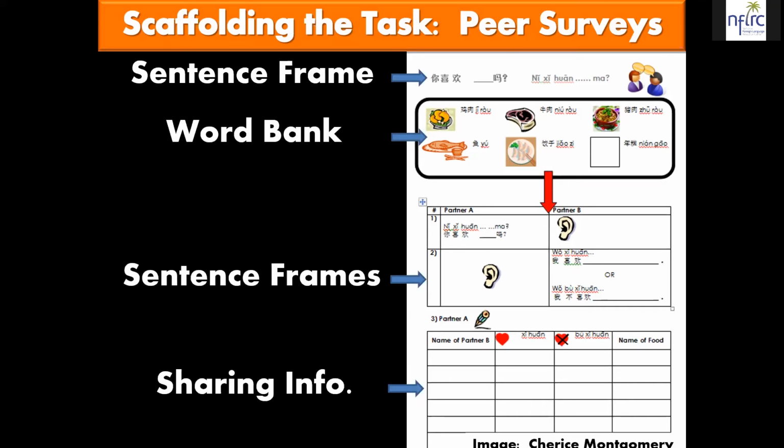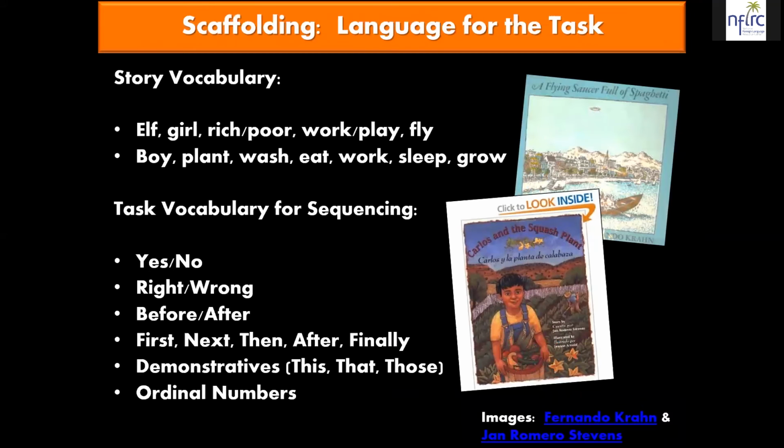And then down at the bottom, I'm keeping a list as partner A. I'm going to write my partner B's name, and then I'm going to write the name of the food if they like it in the heart column, if they don't like it in the X'd out heart column. And so what I'm scaffolding here are all of the decisions the student has to make, the sentence structures that they have to use, how they're going to share the information, and I'm doing it in a way that makes it very clear what they're supposed to do. So you can adapt that for your own projects.